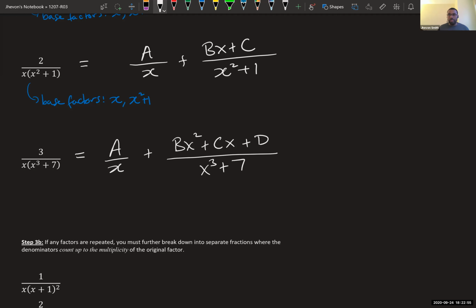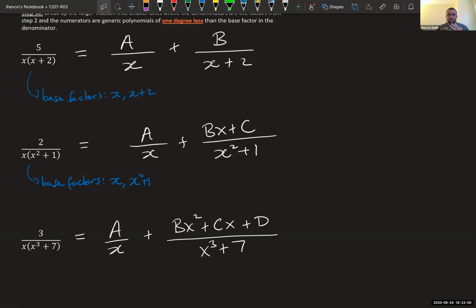Yes, exactly. So are we getting it now? How you actually break these guys up? So you factor the denominator, you split it into smaller fractions based on the factors of the denominator. The numerator needs to be 1 degree less than the base factor in the denominator.